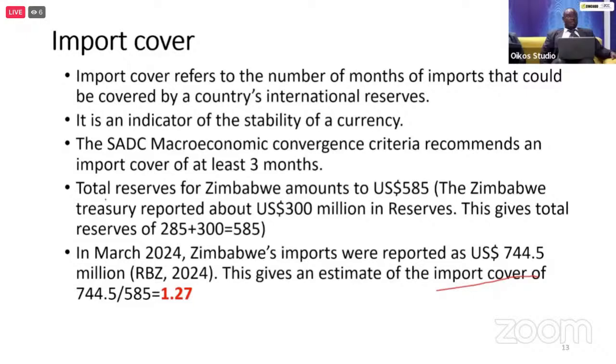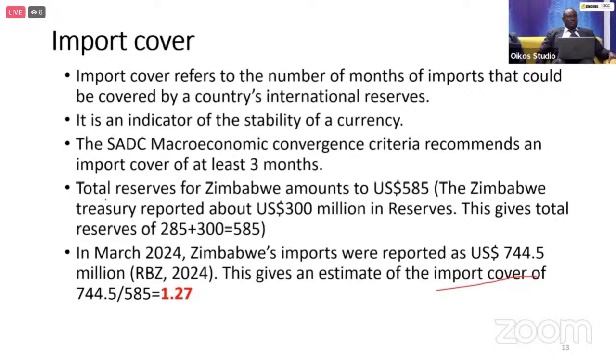Okay? So the SADC macroeconomic convergence criteria recommends an import cover of at least 3 months, which means our international reserves, which we have been appraised about, should enable us to at least cover 3 months of our imports. So total reserves for Zimbabwe amounts to 585 million.